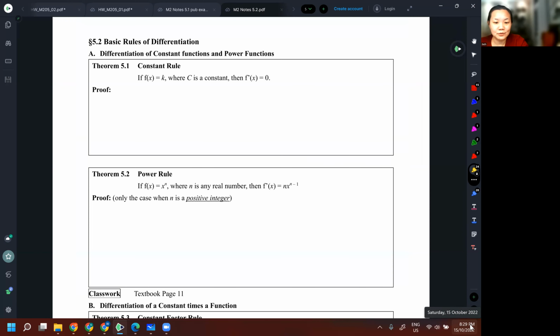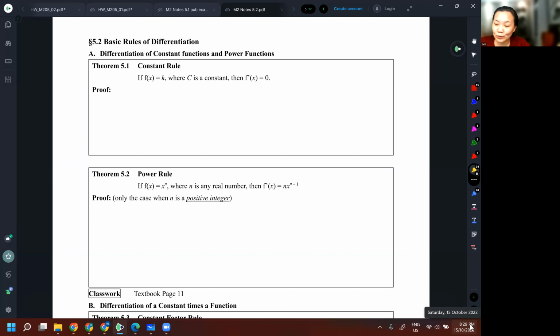In 5.2, the title is Basic Rules of Differentiation. That means we want to figure out how to do the differentiation, that is, how to find the derivative functions. Now you may think, oh, didn't we just learn how to find them? Yes, in a way.